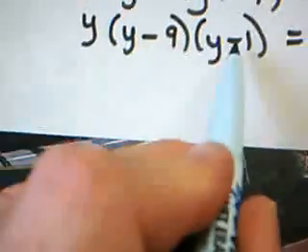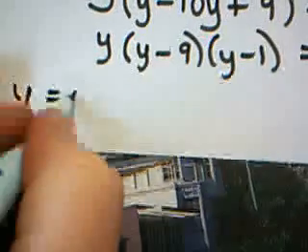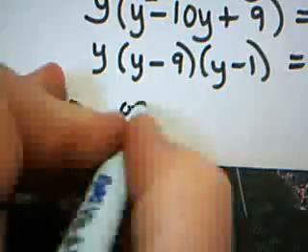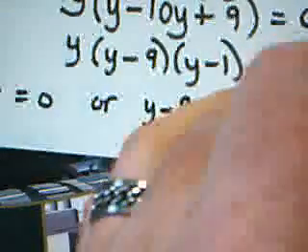I have 3 factors multiplied together to give me 0. So either the first factor is 0, or the second factor is 0, or the third factor is 0. In the first case, y is 0.